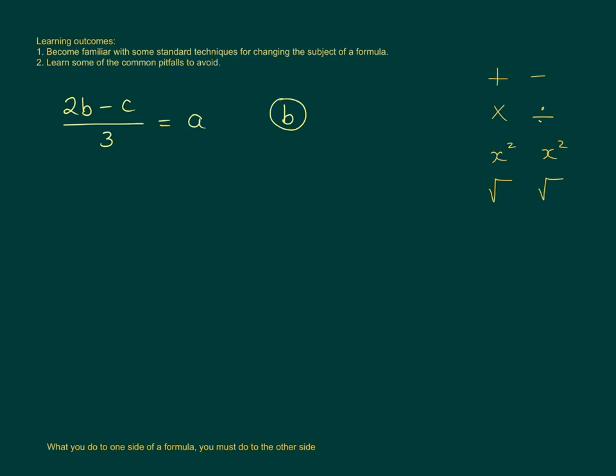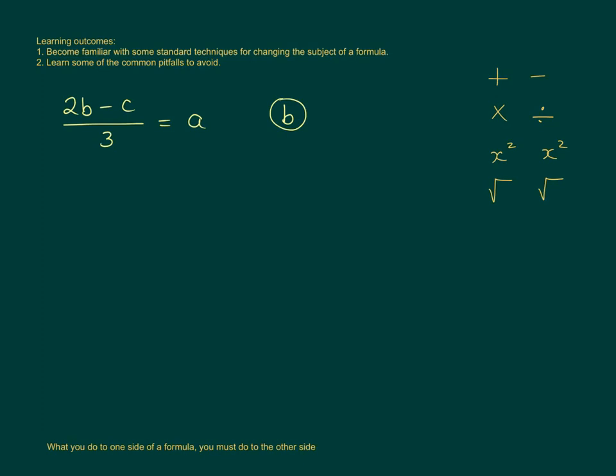So let's gradually increase the difficulty level. Let's say you have something like this. 2B minus C over 3 is equal to A. A good approach in any question involving fractions is to initially try and get rid of all the fractions. It will make your life a lot easier. So if you want to get rid of this 3, you can see that the 3 is divided into the top. To get rid of a division, you need to multiply.